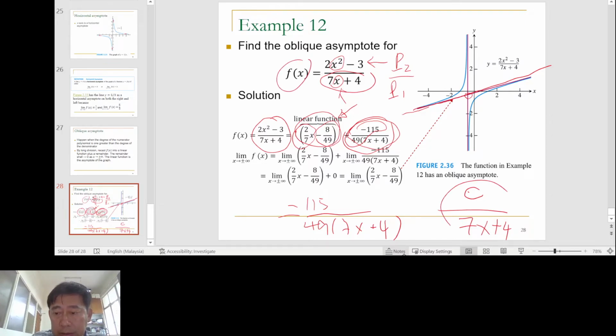So this is what I call a residue function. Residue is just a name to represent whatever is left behind after the long division.